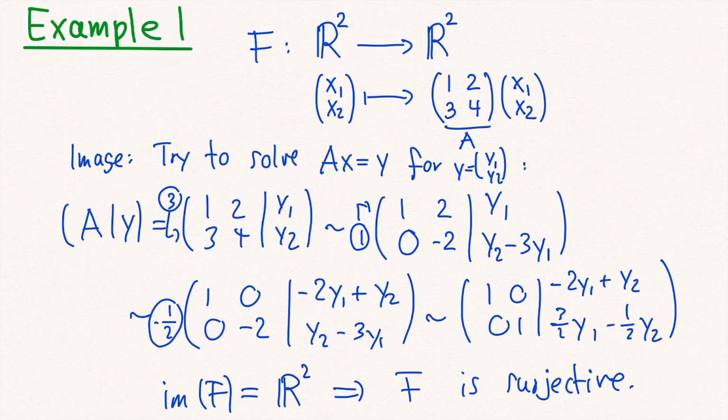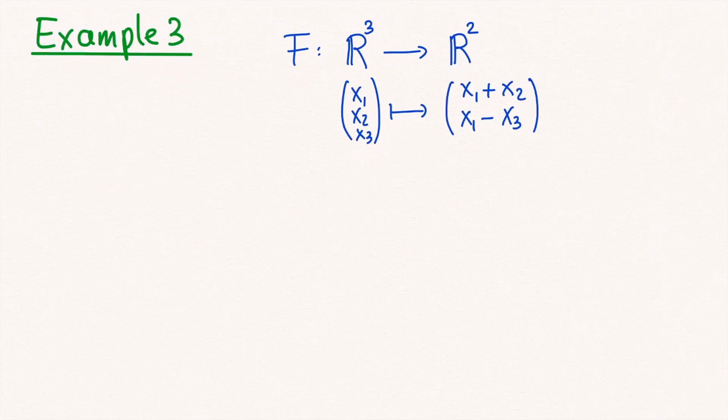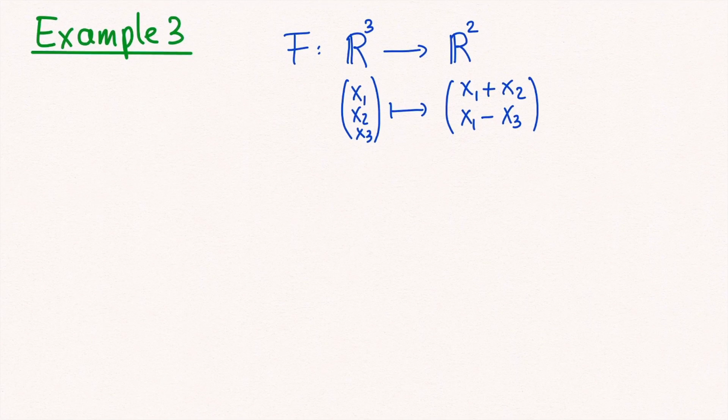So actually, if they are the same, we will see that if something is surjective, then it's automatically injective. And if something is not surjective, then it's also automatically not injective. But if these numbers are different, like in this example, then we can also get a mixed case. So it could be surjective and not injective, and the other way around. So let's see how this looks like in this case here.